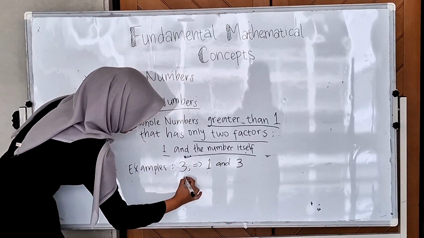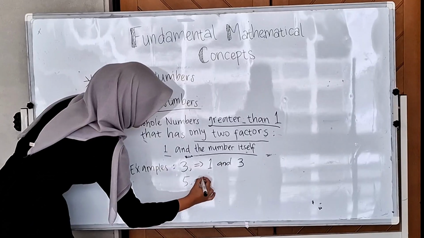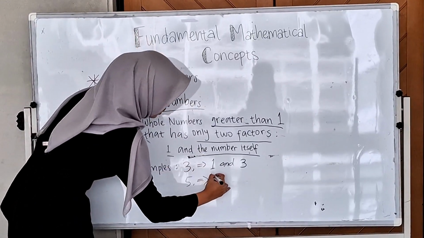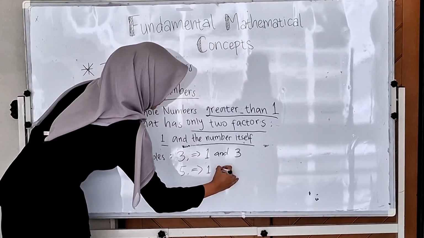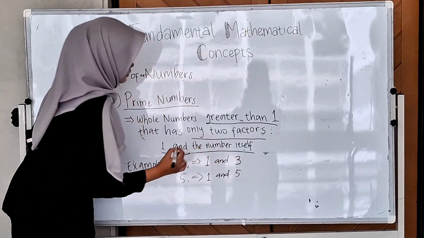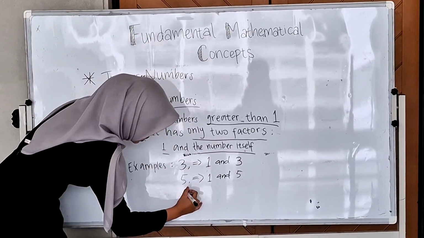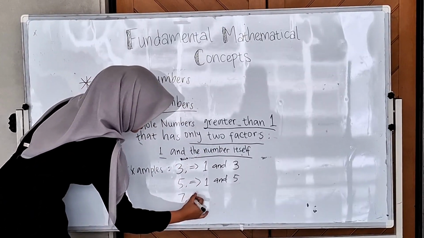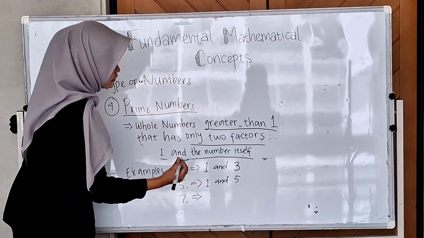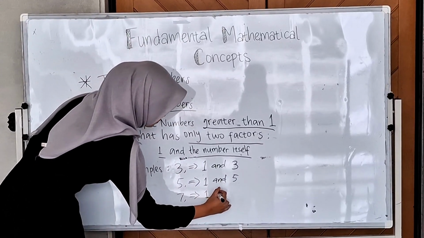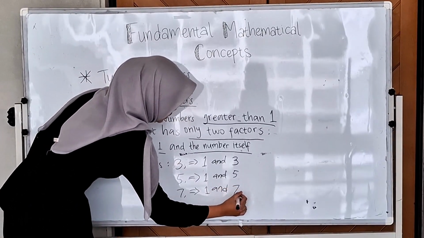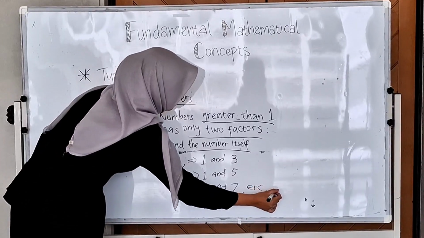Second example, 5, because its only factors are 1 and 5. The third example, 7, because its only factors are 1 and 7, etc.